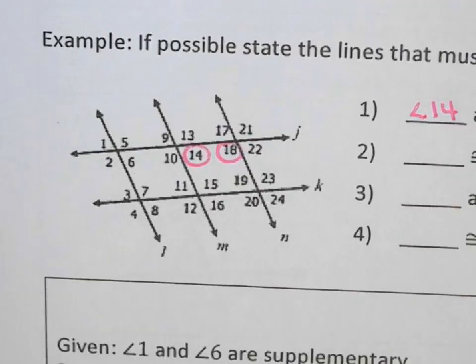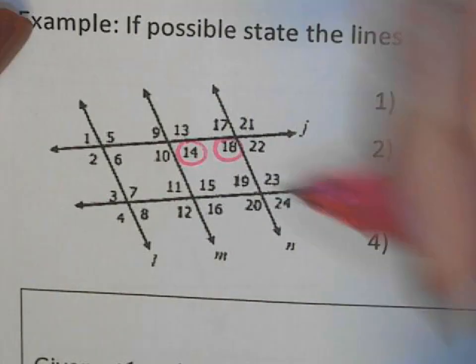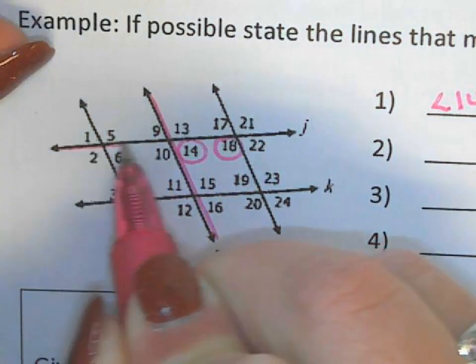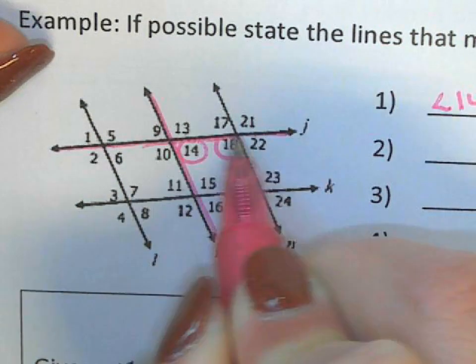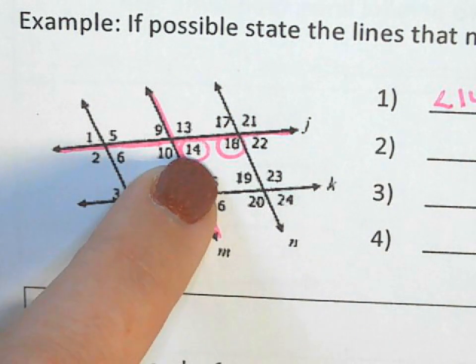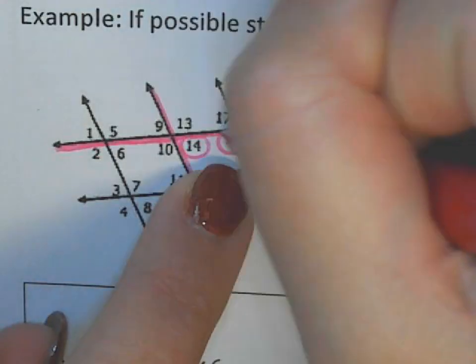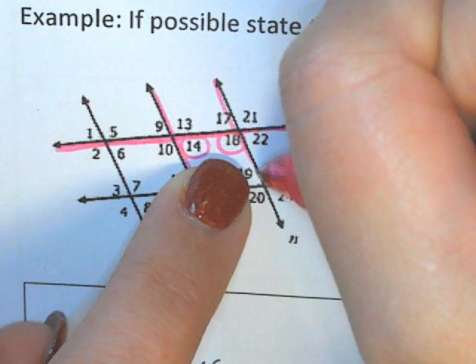When we zoom in on this, what it will help for you to do is if you highlight the two lines that form 14. See how only two lines form an angle? Okay, so see how those two lines formed 14? And then 18 is going to be this J line along with this N line.